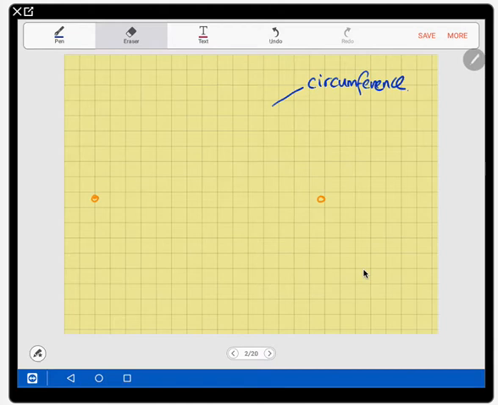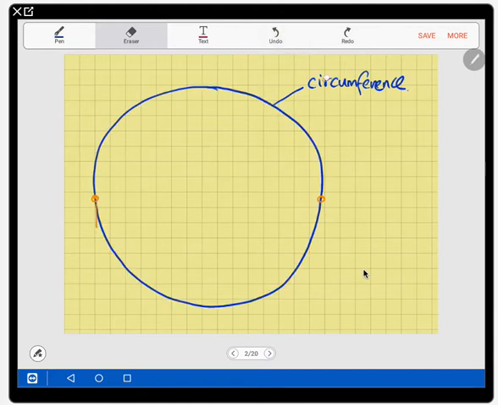Now, if I draw a line here on the circle that does not pass through the center, see the center, you see the line? The line doesn't pass through the center. That line here is called a chord.